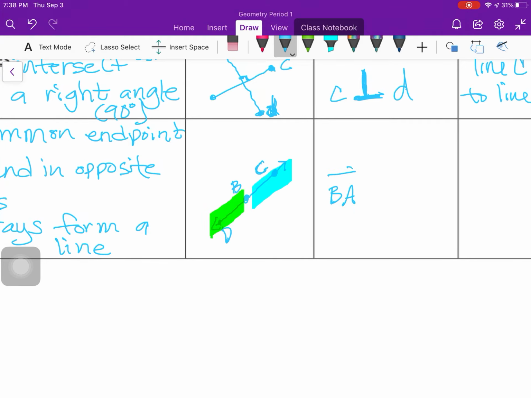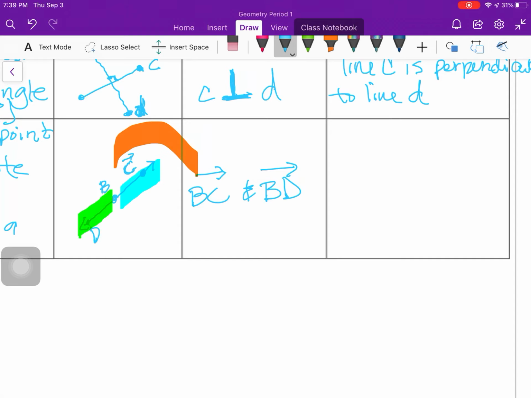BC, remember, because BC goes in that direction. And we want to start with B again since that's our endpoint. BD, and it goes towards B.